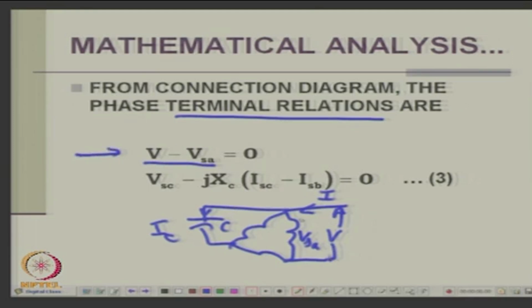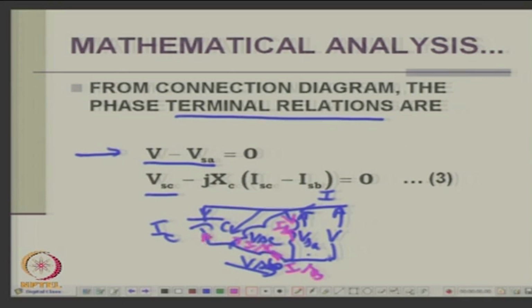This is VSB and this is VSC. And what is the current here? We call this ISA, this will be ISB and this will be ISC.